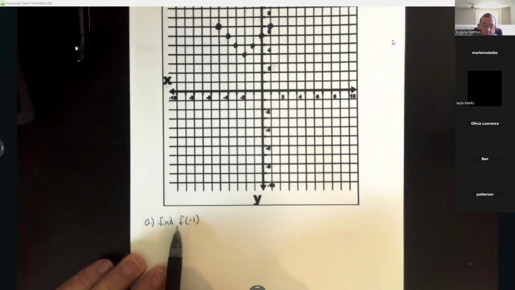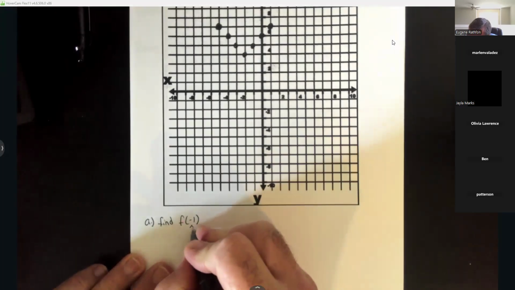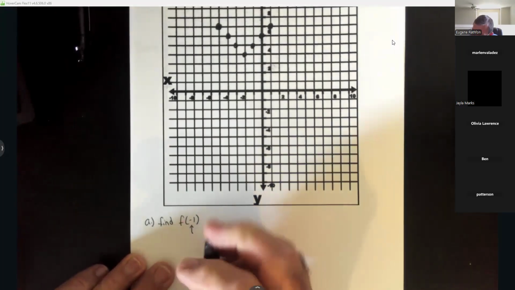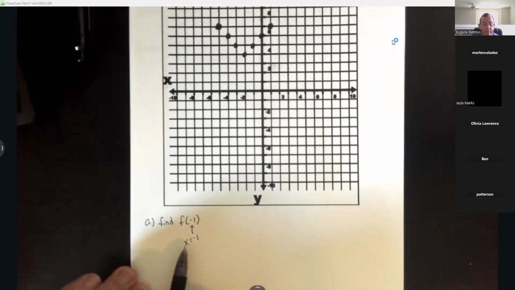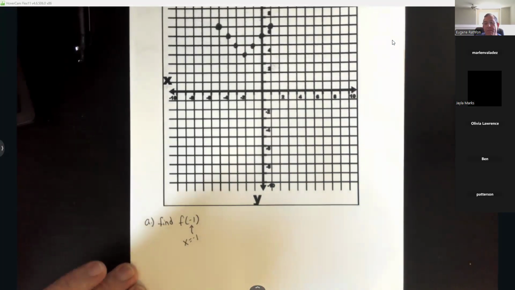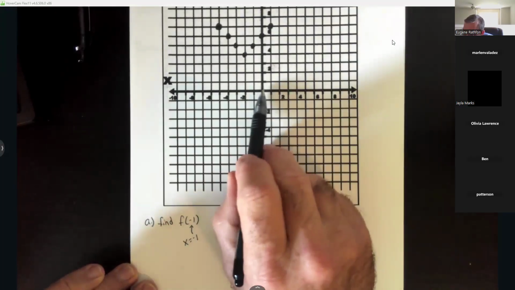All right, so remember, when they tell you to find a function value, when they put a -1 in there, they're telling me that the x equals -1. So they want me to find the y value that corresponds to an x value of -1. All right, y'all, so we go to our graph.